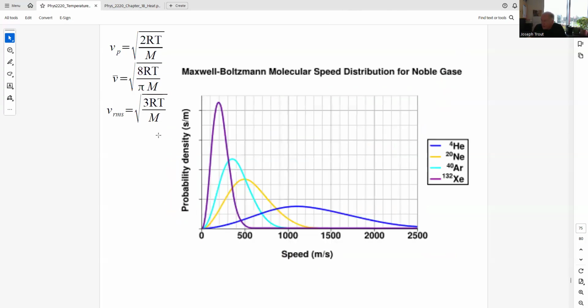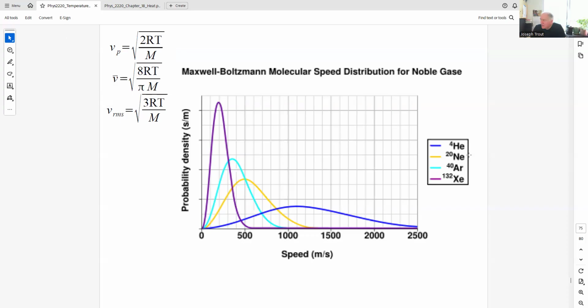So if we have a bunch of gas and we look at the probability density, how many molecules and how fast they're going, since all of these are divided by the mass of the molecule, the larger the molecule, then the lower the average speed is going to be.